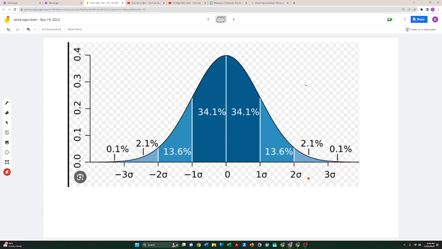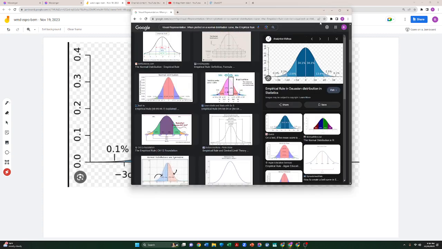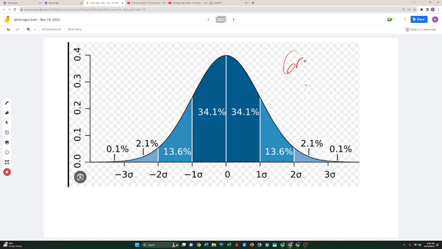Visual presentation: when plotted on a normal distribution curve, this is the empirical rule, which is 68%, 95%, and 99.7%.